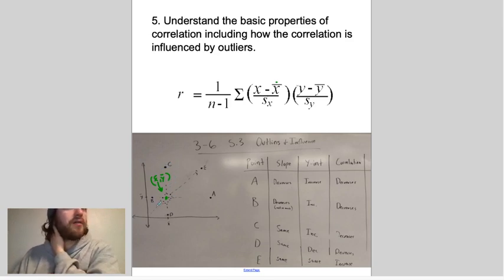That's not convincing that our regression line is actually going where it says it is. So that's going to decrease R quite a bit. And we'll go over this one more time in a bit. But basically, if you have a point that is far away from X bar, Y bar and in line, that's going to increase your R, and everything else is going to kind of mess with it.